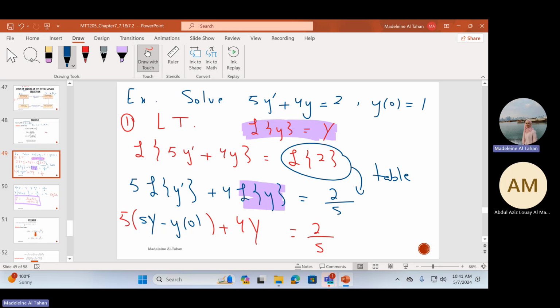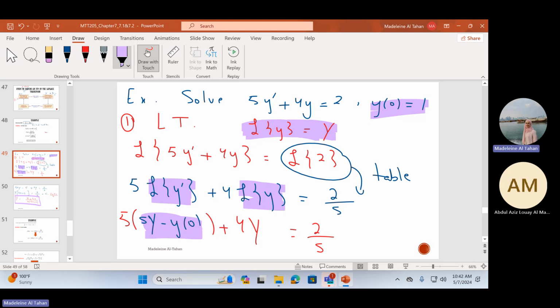Now, Laplace of y' is equal to what? We got it from the slide book. And y(0), do we have it? And this one for capital Y equals 2 over s. Substitute instead of y(0) its value, so we will get 5sY minus 1, which is 5sY minus 5, right?